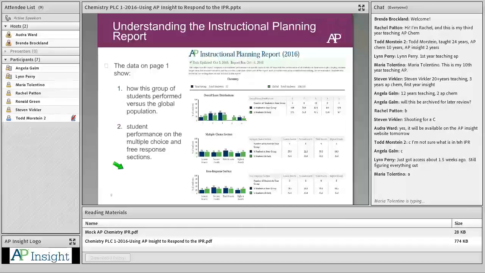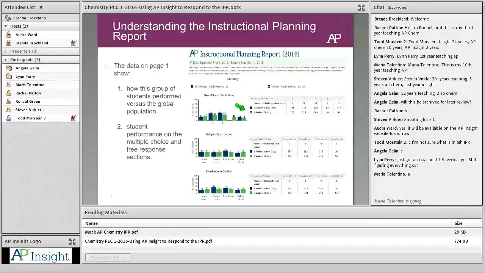So in this area, you're going to see a couple of pages. This first page is going to show you how your students did compared to the global. You can see there's a little color coding up at the top. The dark blue is you and your students, and the green area is how the students did globally.